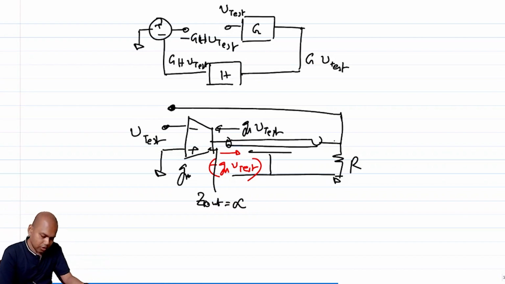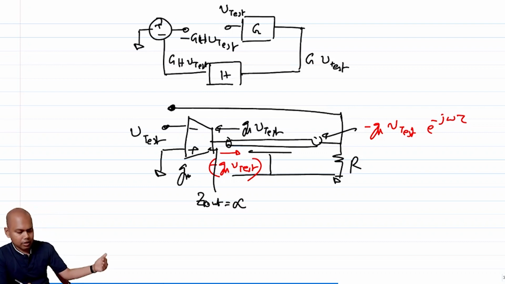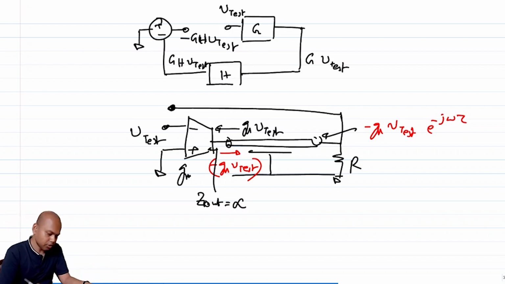Okay. So the current that is going to appear here is essentially, in frequency domain, minus GM times V test e to the power minus j omega tau, where tau is the delay associated with the line, and this goes into R, and it is going to create a voltage times R, right?